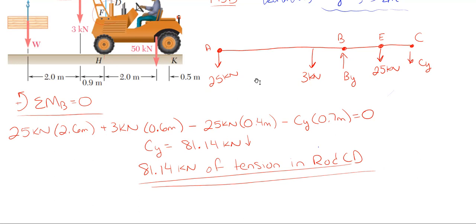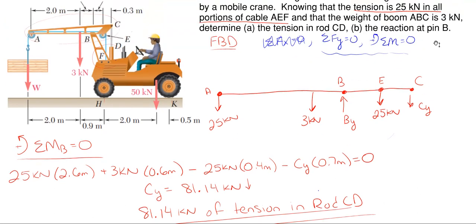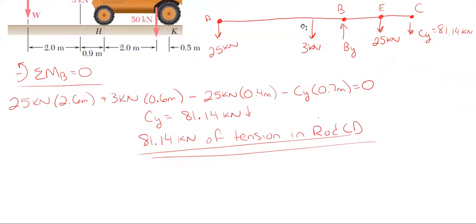The second part of the problem asks for the reaction at pin B. Now that we have C, which is 81.14 kilonewtons, we can just sum forces in the y direction and get B sub y. Summing forces in the y direction, all have to cancel and be equal to 0 for equilibrium to be true.